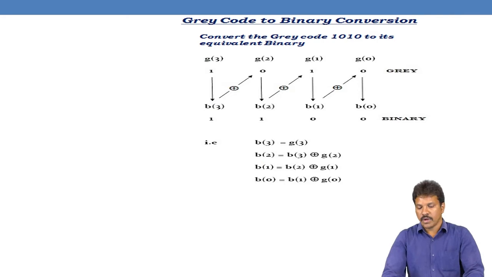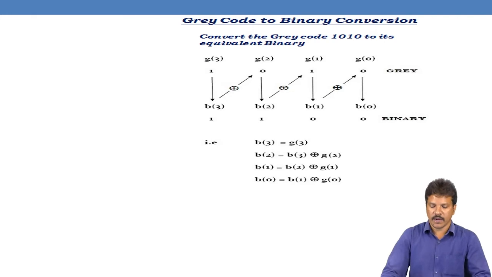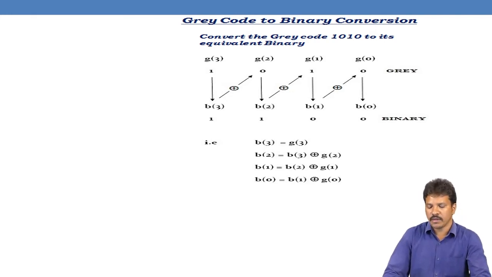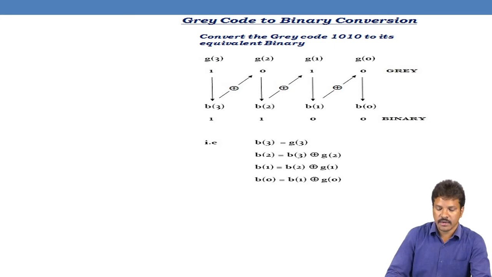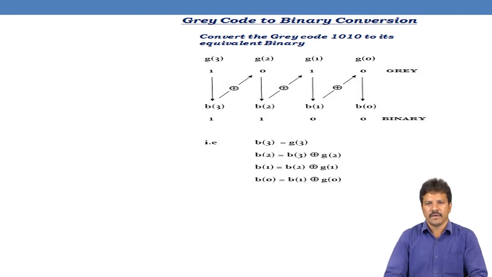Now another example of a non-weighted code is the gray code. And what is gray code? The gray code representation is one in which there is a single bit change from the neighboring number.